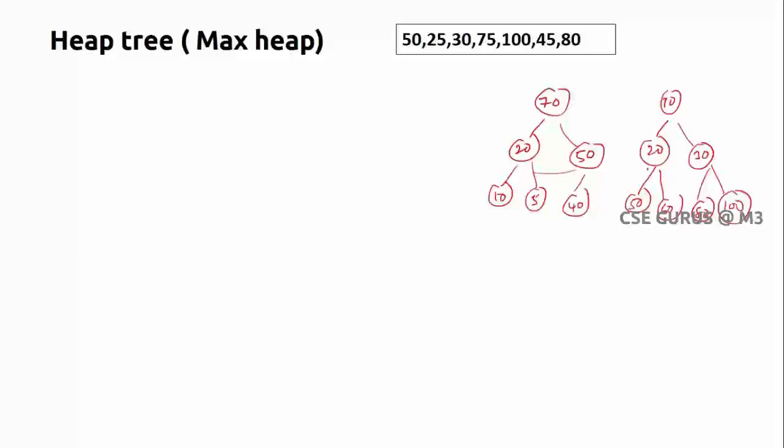For every subtree the root node value must be less than all its descendants. So you can check it like this. This is what we call a max heap, and this is what we call a min heap.